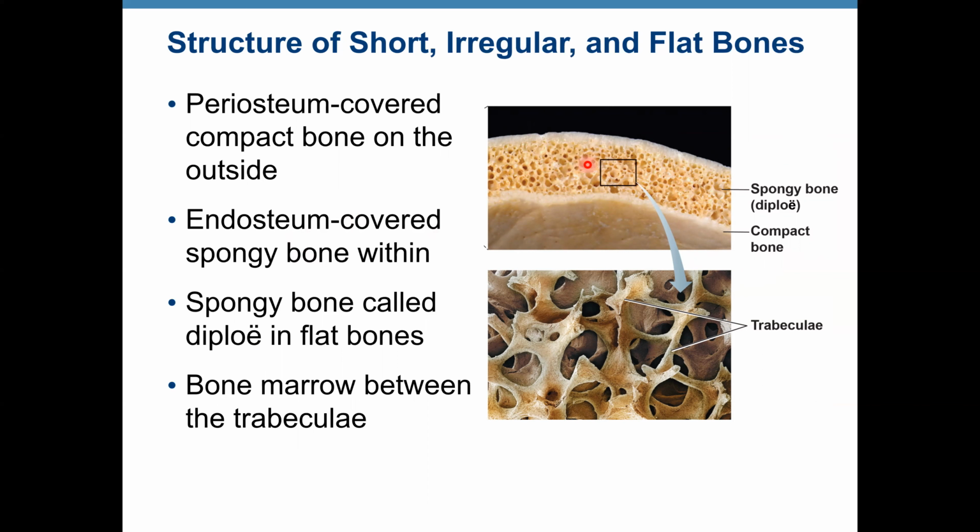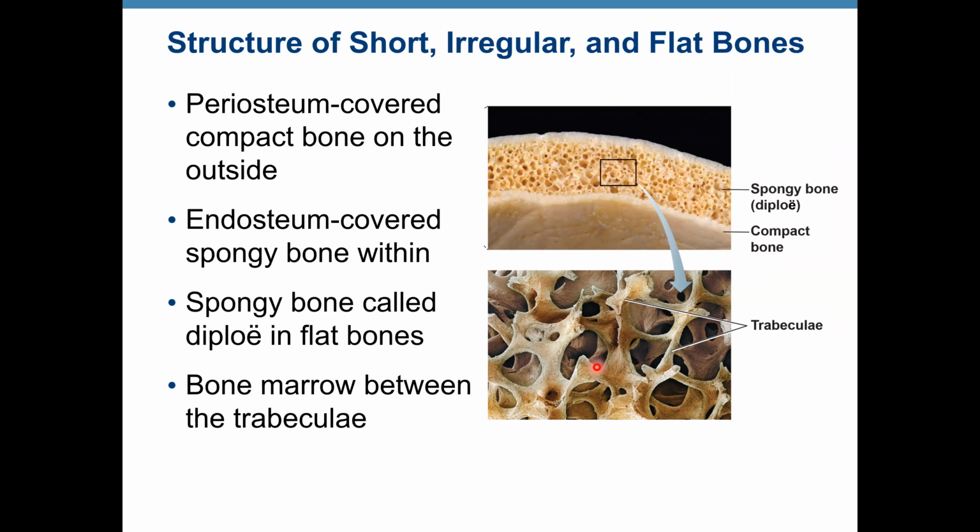So spongy bone in flat bones has a special name, diploë. And it's made of trabeculae. So you see these structures that make it look like a sponge, those are called trabeculae. And between these trabeculae, we have bone marrow, right?